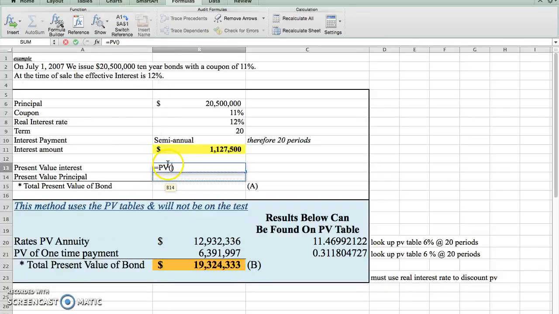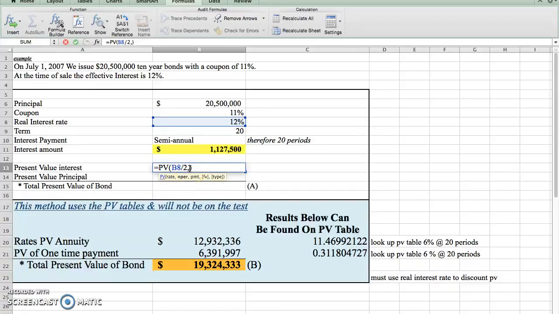It's asking me for the present value, and the first thing we're going to type in is the rate. So my rate is 12%, and I'm going to divide this by 2. For the number of periods, I'm going to put a comma in here. You might have a nice table that says rate, NPER, which will be easier than what I'm seeing over here.